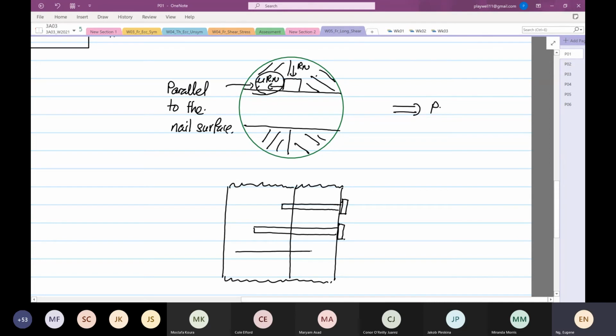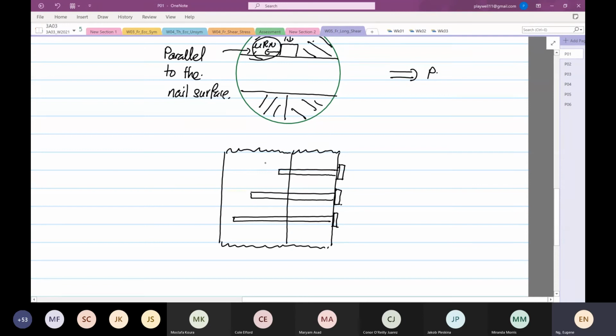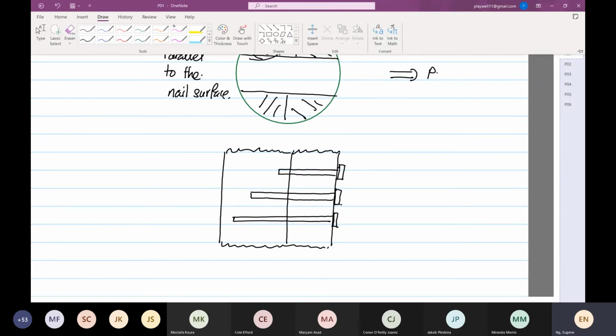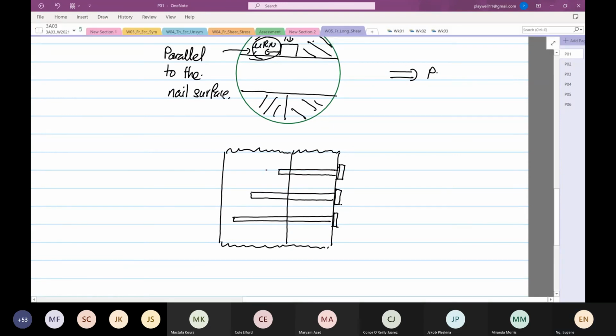This is nail number 3. So for example, we have done an experiment that at a certain distance from here to here, this is the minimum length or the critical length. Sorry, I'll call this the critical length.